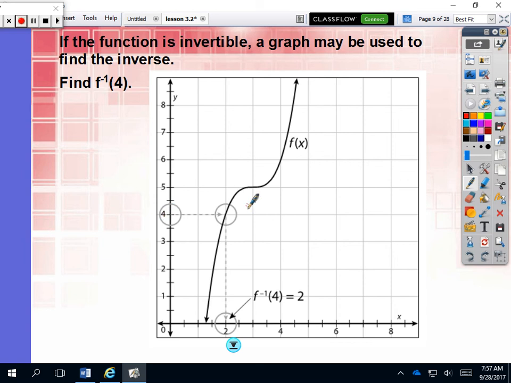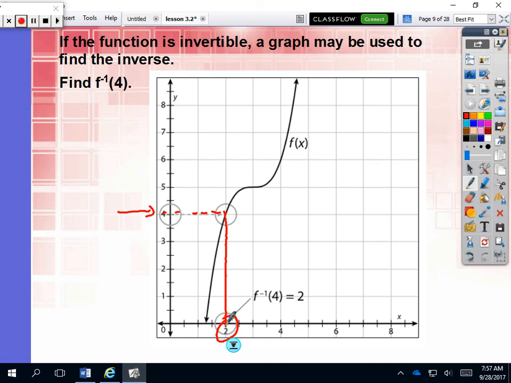So on this line, if I start at 2, I go to 4. If I want the inverse, then I would go backwards from the f of x down to the x. So I start at 4, go to the graph, and then drop a line down to the x-axis, and I can see that the value is 2. So the value of the inverse is 2.